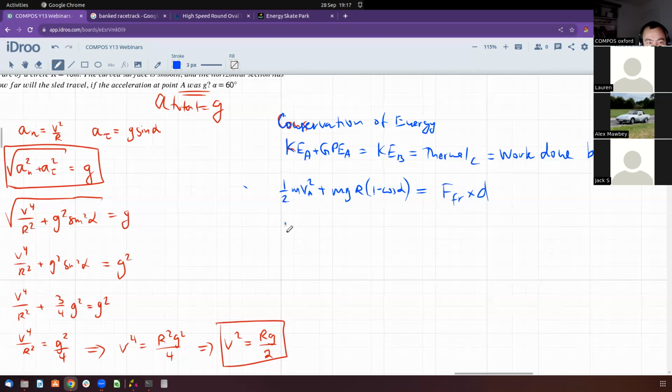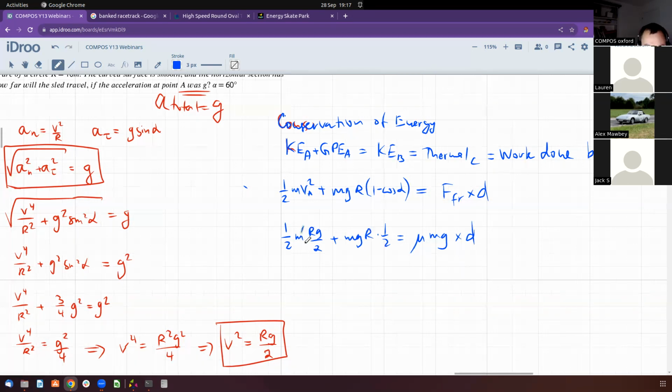Okay, so we have 1/2 mv squared. So v squared is rg over 2, plus mgr, and this is 60 degrees, so mgr multiplied by 1/2, because cos 60 is 1/2. So 1 minus 1/2 is 1/2, equals the force of friction, which is mu mg, times the distance traveled.